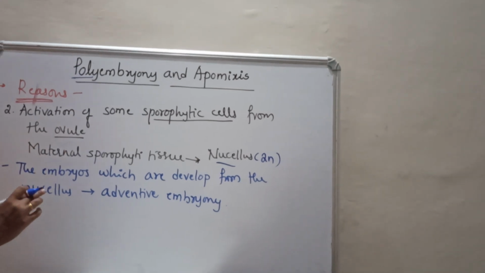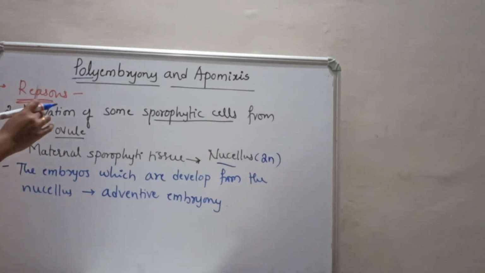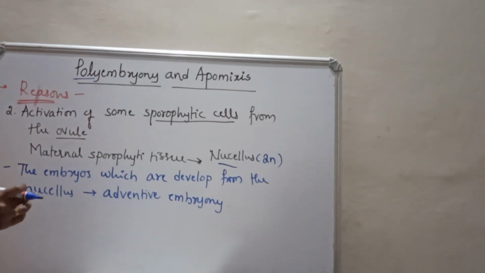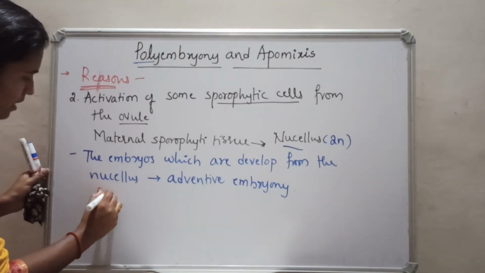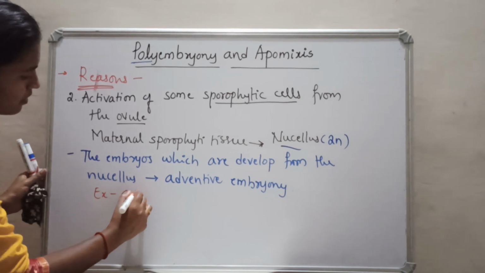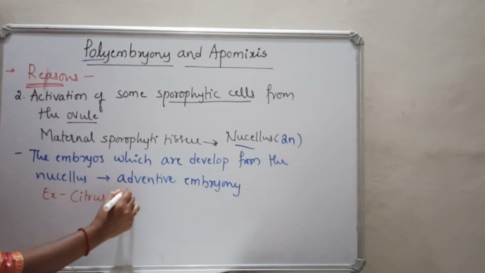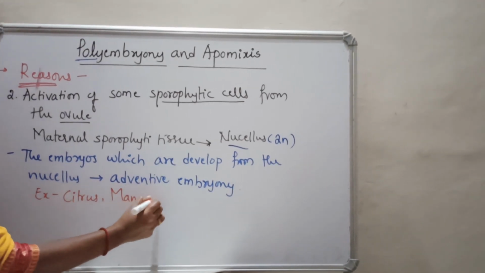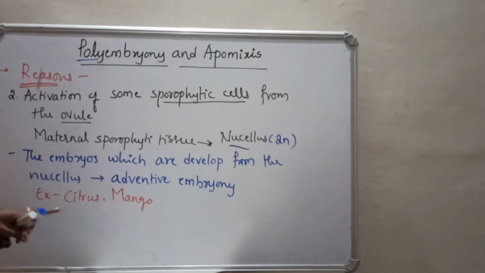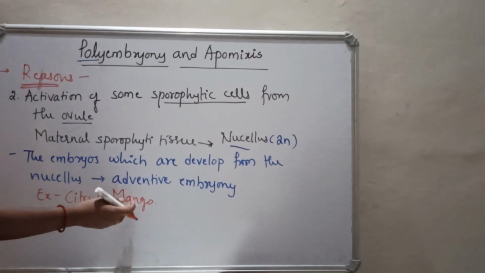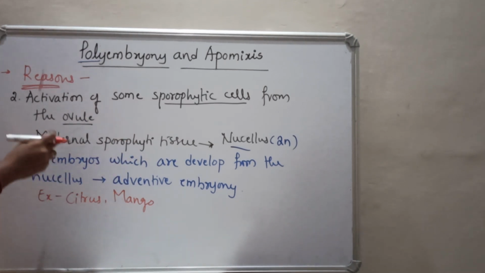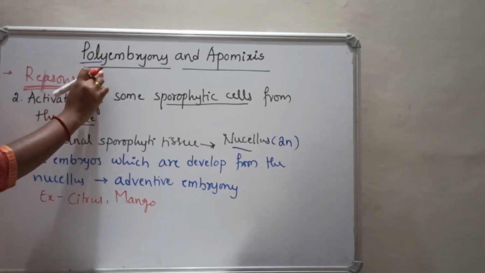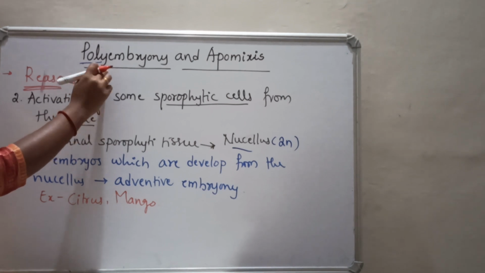This is the second reason for the formation of polyembryony. Examples are citrus and mango, where the nucellus develops into an embryo. These are the two reasons for the formation of polyembryony in a seed.